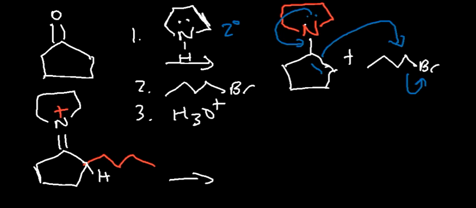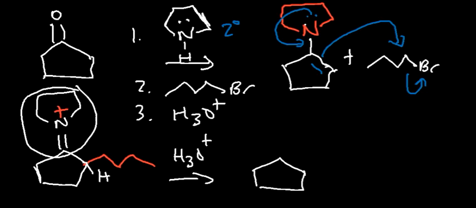So let's say we add water or H3O+. Once we add H3O+, this is going to be removed. It's going to go back to a ketone form. And that's going to be the end result if we use H3O+.